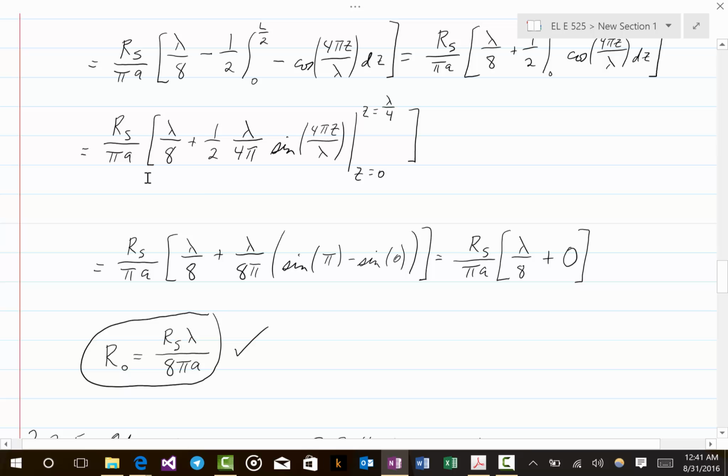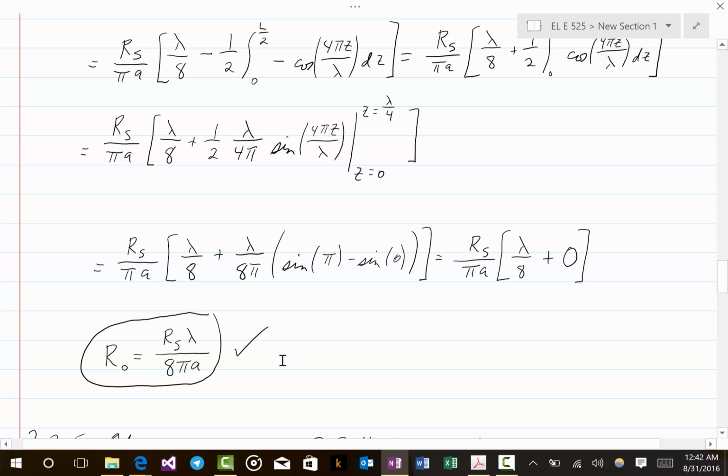We come down one more time, Rs over pi a, bring down lambda over 8, and then the 1/2 times lambda over 4 pi will be lambda over 8 pi. At the upper limit, when we stick in lambda over 4 for z, we'll get sine of pi. And at the lower limit, when we stick in z equals 0, we get sine of 0. Of course, sine of pi is 0 and sine of 0 is 0, so this whole term drops out, and we have Rs over pi a times lambda over 8, or Rs lambda over 8 pi a.